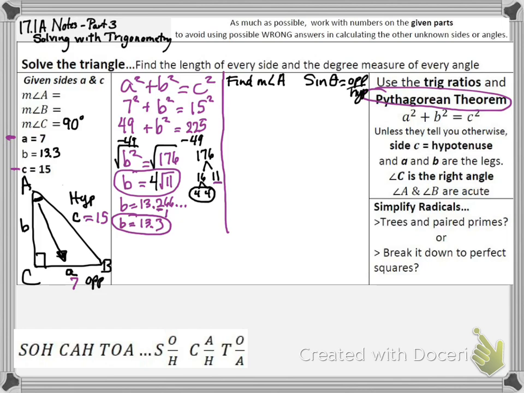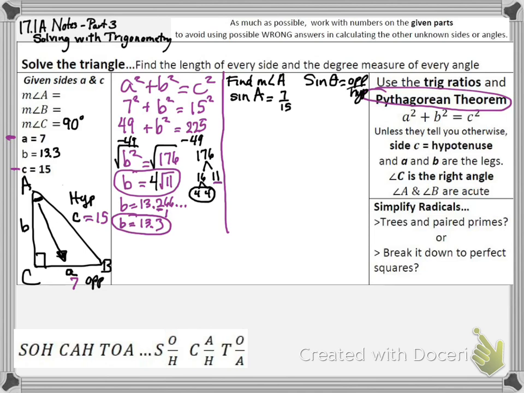On page 1 of the notes in the last video, we kept saying, take the sine of the only angle you know, because we don't know any of the angles. So how about the sine of the angle I want to know equals the side opposite from that, which is 7, over the hypotenuse, which is 15.